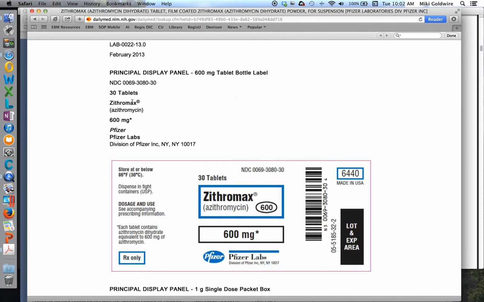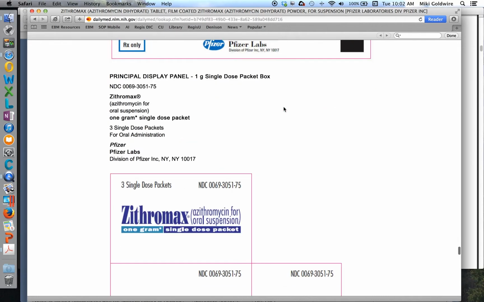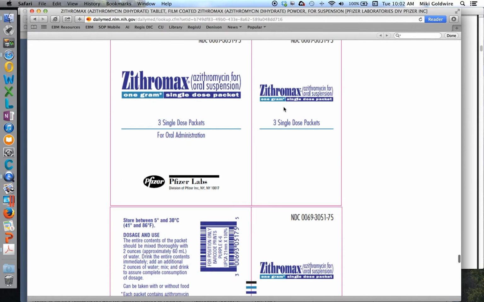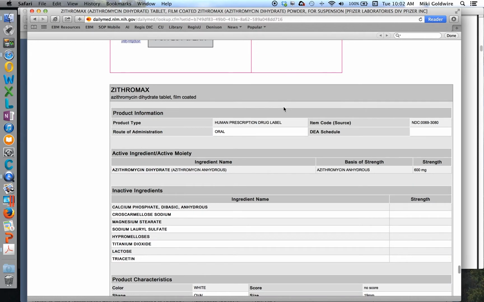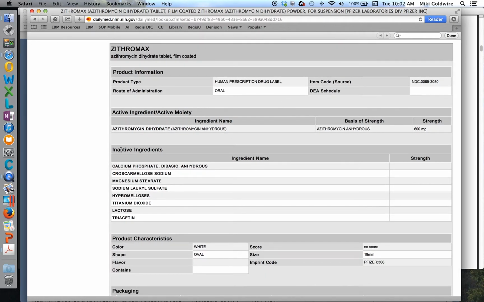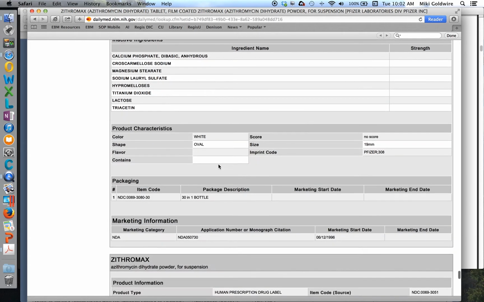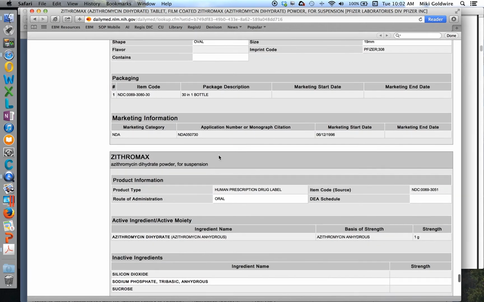DailyMed also provides a label, which is very nice. You can see what the packaging looks like. And you can see the inactive ingredients. If you get a question about whether the tablet contains lactose, which most of them do, certainly come to the package insert to look that up.